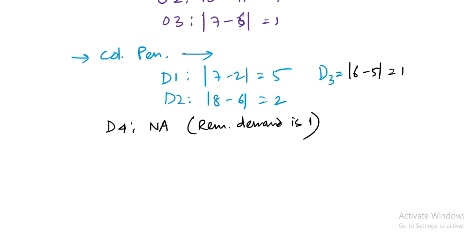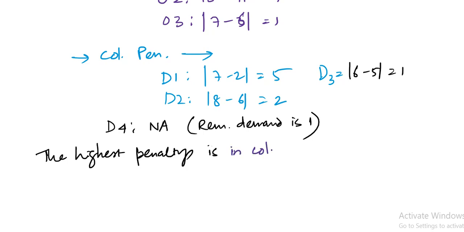So highest penalty is in column d1 with penalty of 5. The highest penalty is in column d1 with a penalty of 5.